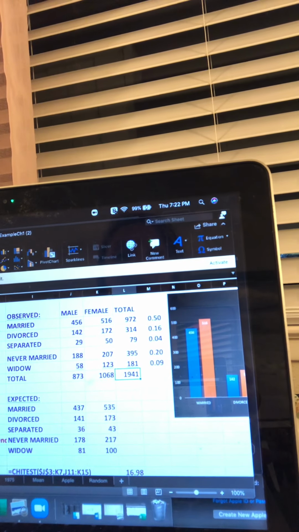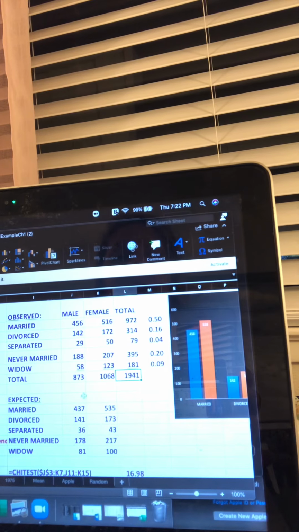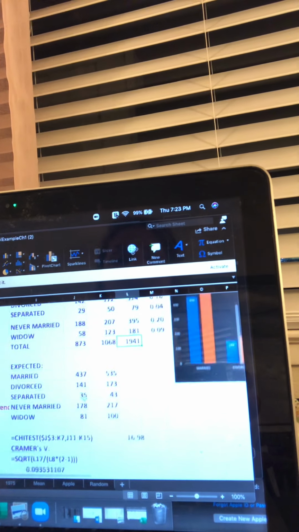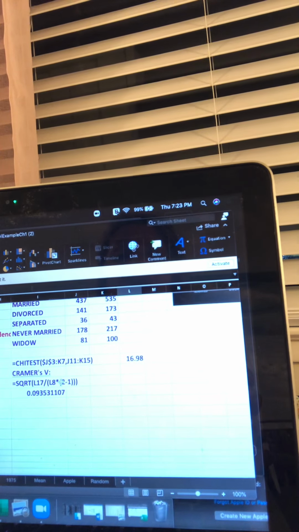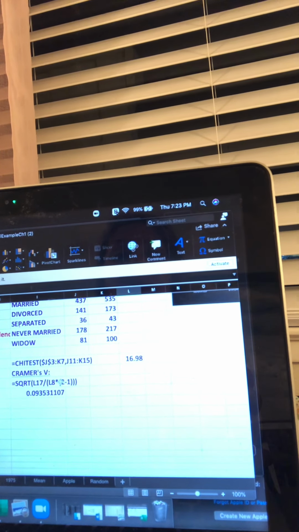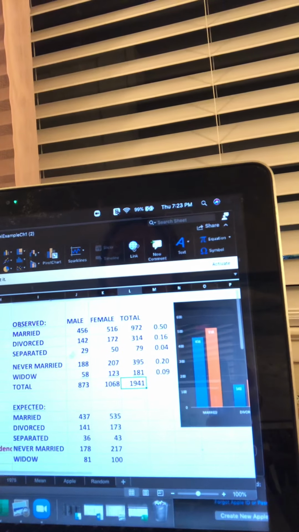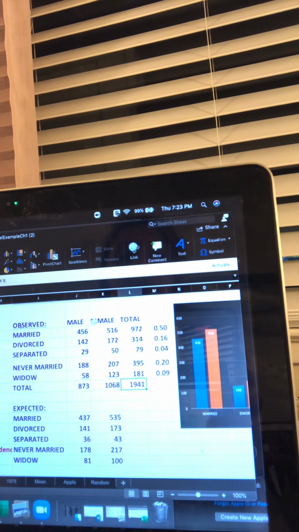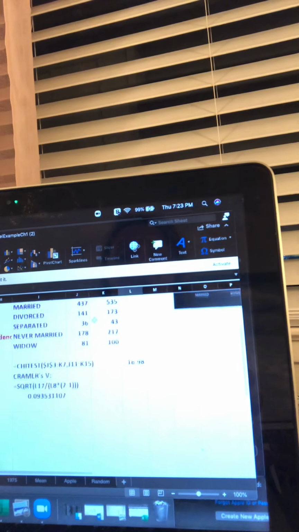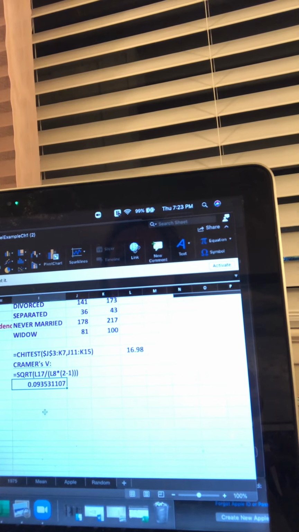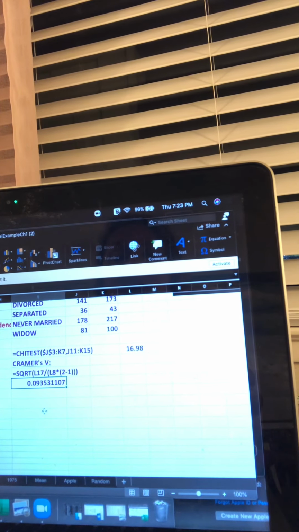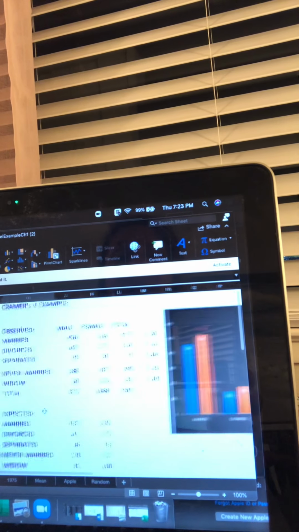Our total observations for both female and male were 1941. We're going to take that value and multiply it by N. In this case, we had males and females, so N is 2 minus 1, and we come up with a value of 0.093, which is going to be our Cramer's V value for this example.